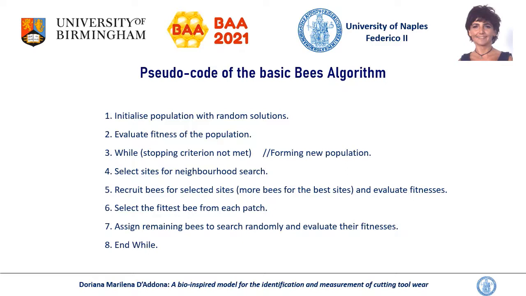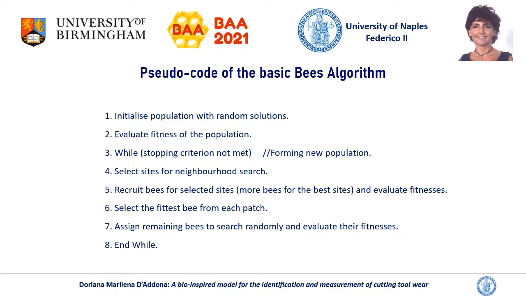The algorithm starts with the scout bees being placed randomly in the search space. The fitness of the sites visited by the scout bees is evaluated in step 2. In step 4, bees that have the highest fitness are designated as selected bees, and the sites visited by them are chosen for neighborhood search.